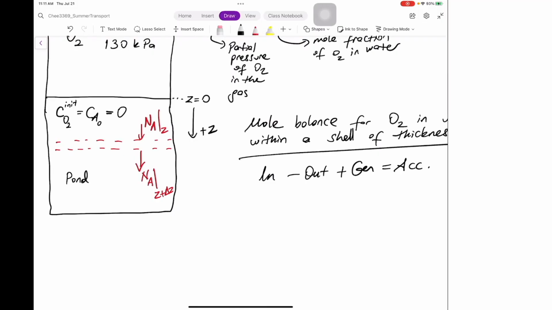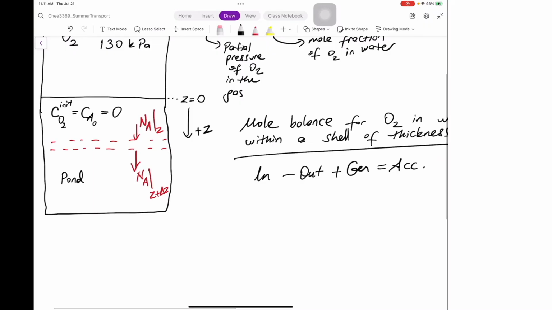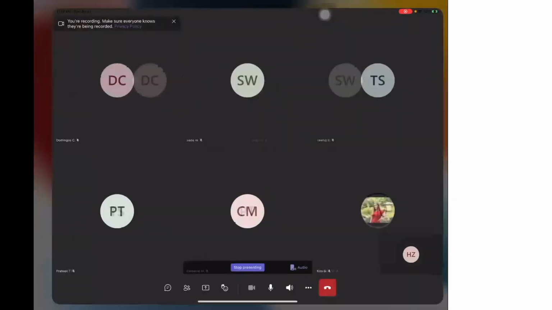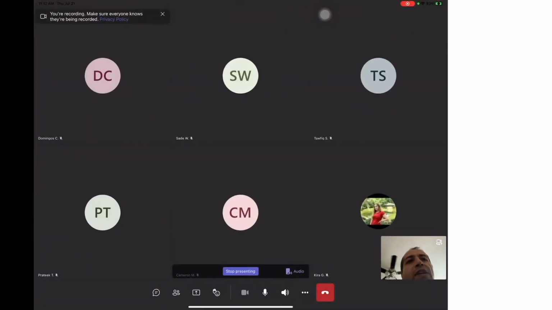First question, is this a steady state or an unsteady state problem? What is your opinion? Anybody who says unsteady state?